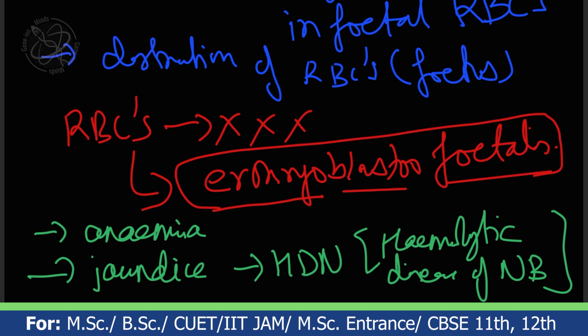These are the various symptoms you can see in this condition, erythroblastosis foetalis, where the fetal cells are getting destroyed by the mother's antibodies if there is incompatibility between the mother's and the fetus's blood group.